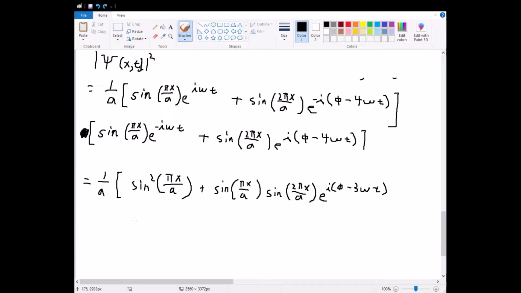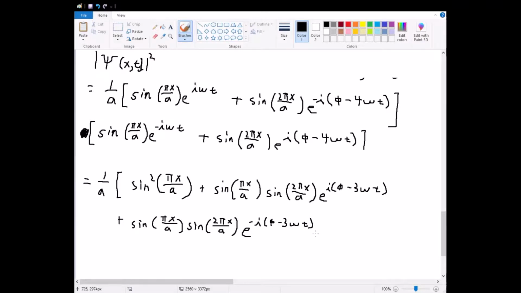So that's going to be plus sine of pi x over a times sine of 2 pi x over a, and then we have e to the negative i times phi minus 4 omega t. We can just take the negative i and move it out to the front, and the inside is the same: phi minus 3 omega t.